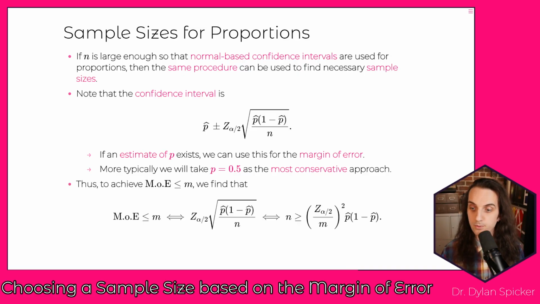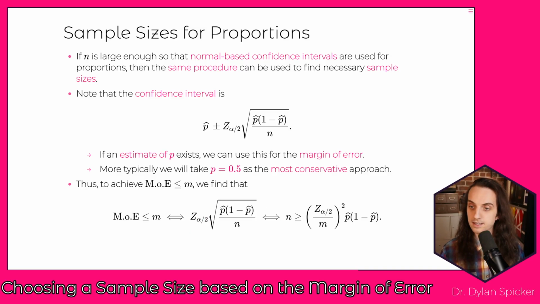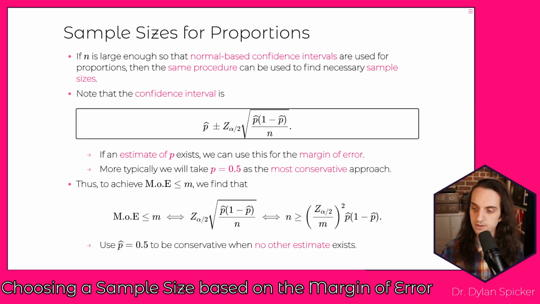If we want the margin of error to be less than or equal to m, then rearranging the same equation, we find that n has to be greater than or equal to z alpha over 2 over m, squared, times p hat times 1 minus p hat. And if we think about plugging in 0.5, you can plug in 0.5 there.